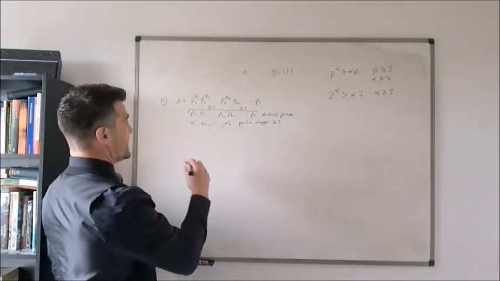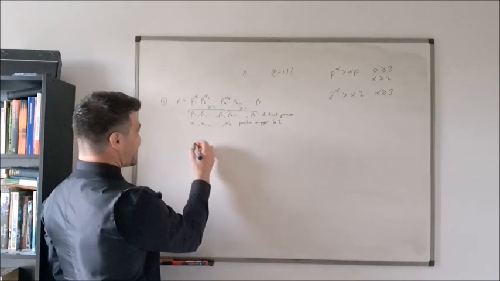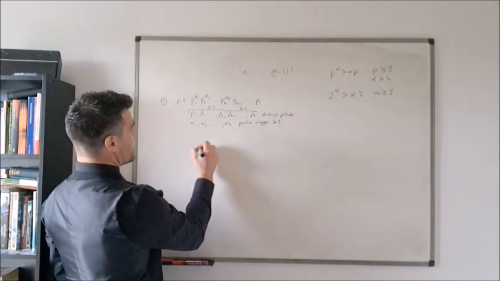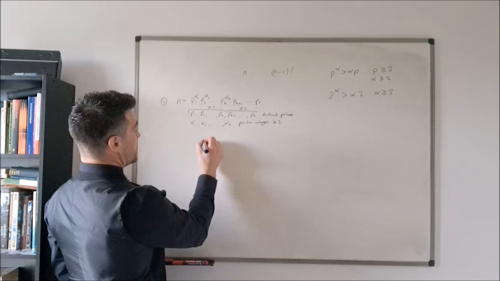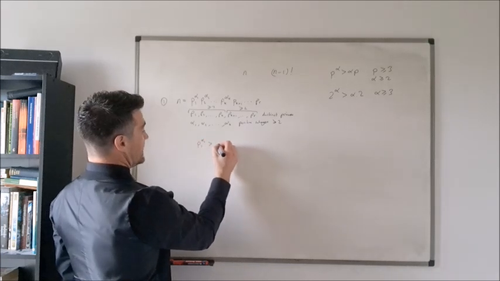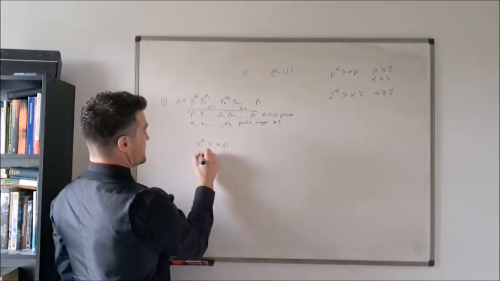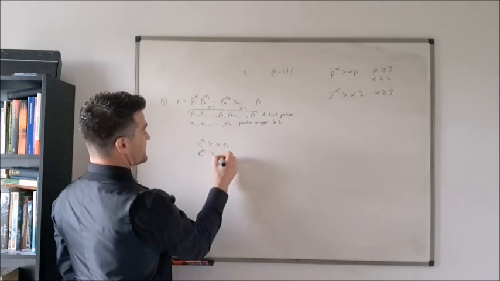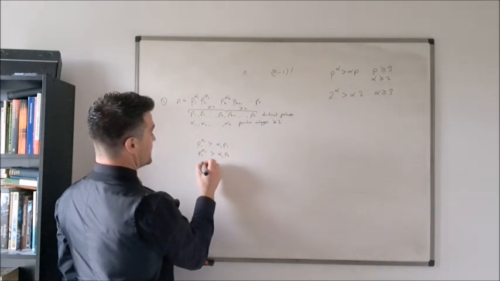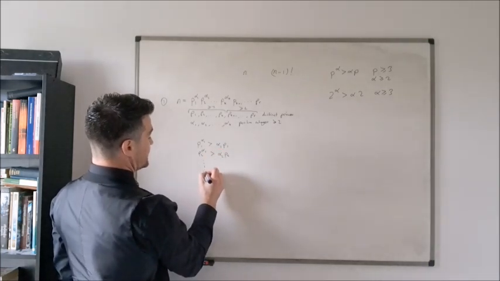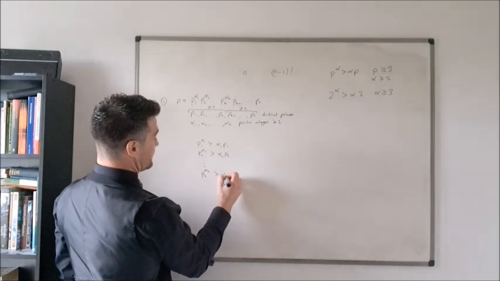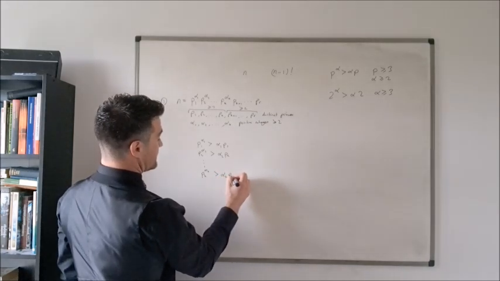So what's the point here? Well, in that case, since we've got P1 to the alpha 1 is greater than alpha 1 times P1, P2 to the power of alpha 2 is greater than alpha 2 times P2, Pk to the power of alpha k is greater than alpha k times Pk.